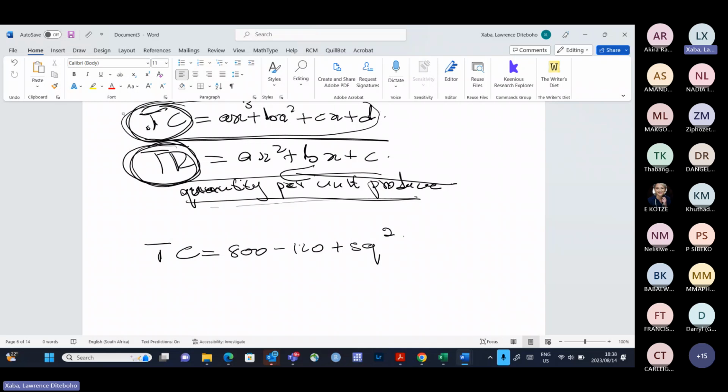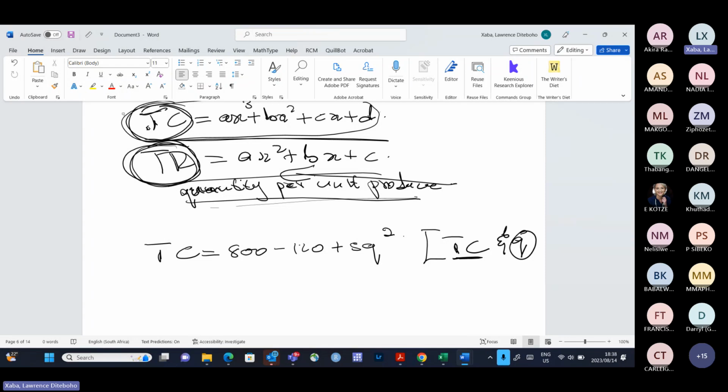So this is what is given to us. Our interest is still the same. We want to find TC, and we want to see how many units per quantity we can produce to minimize the total cost.